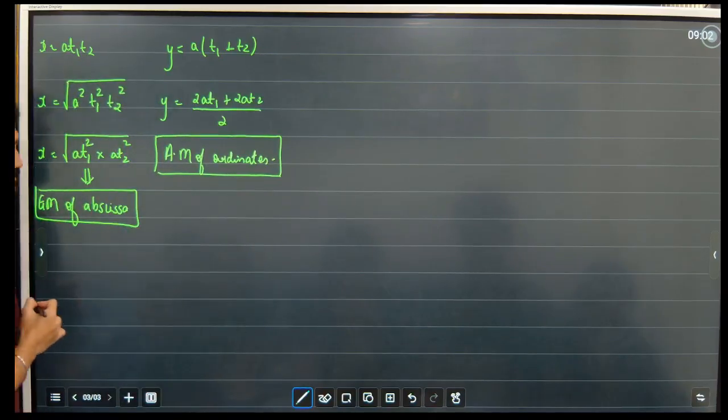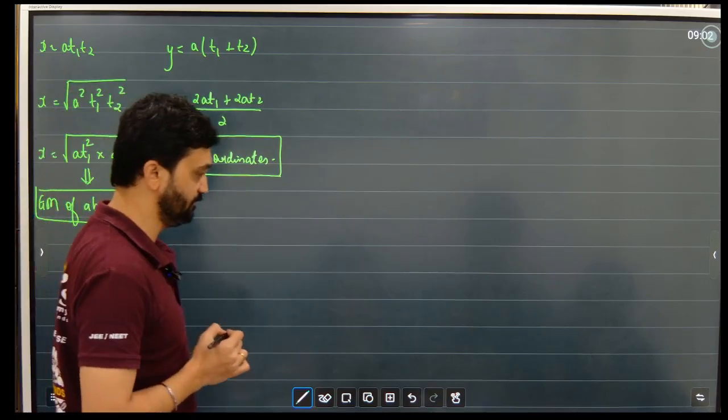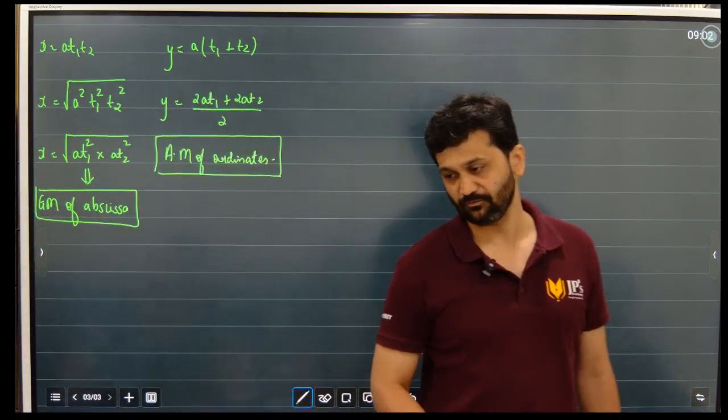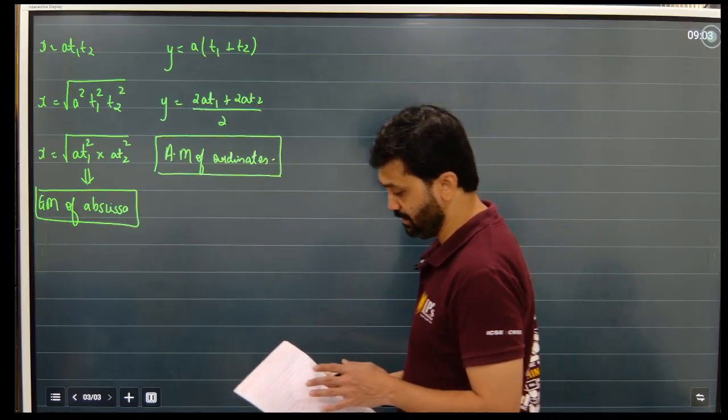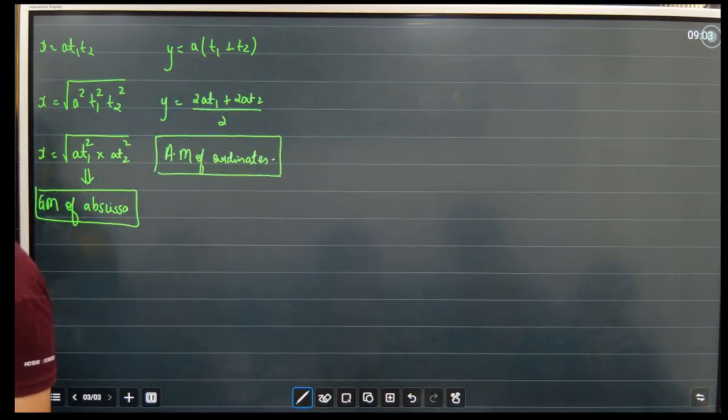So one gives the geometric mean of abscissa and the second gives the arithmetic mean of the ordinates.